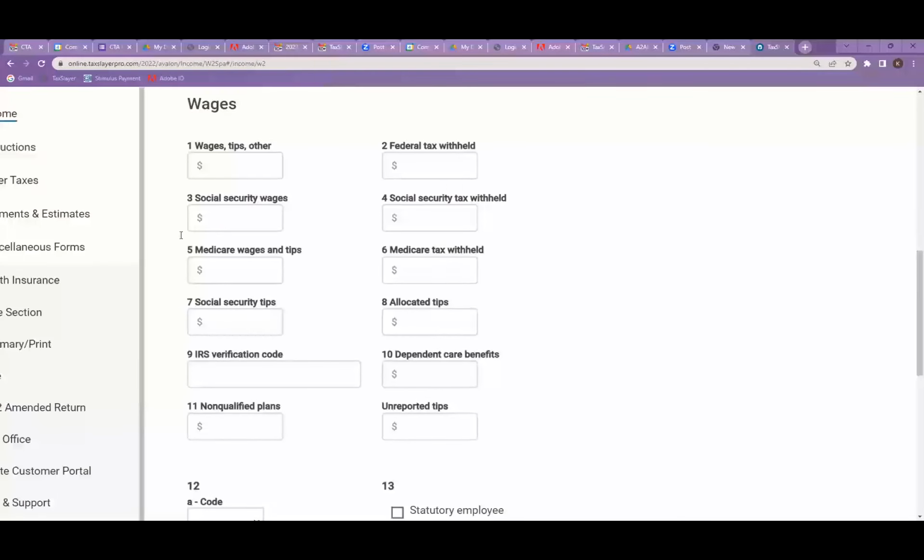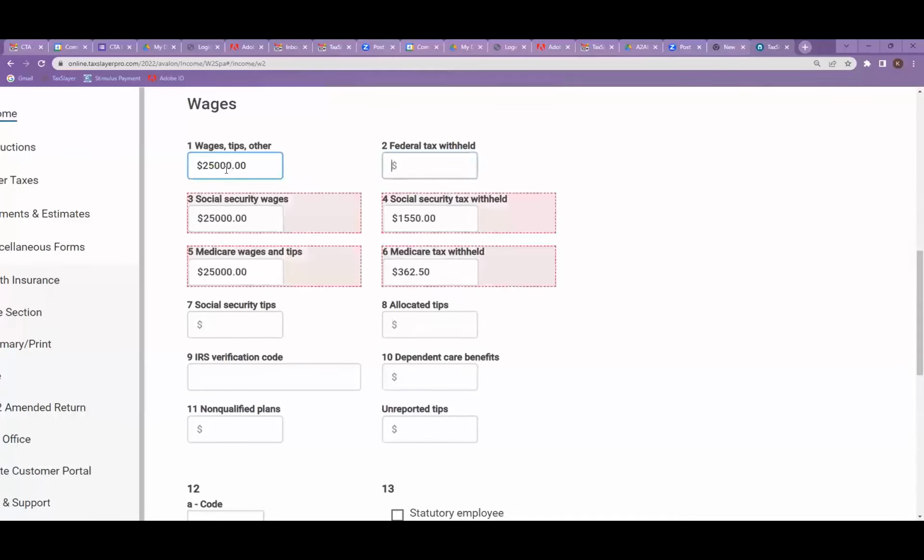Information on wages, box 1, Keisha, it's going to be $25,000. Okay, box 2, federal withholding 2,500. If you guys have a hard copy of the W-2, as you can see, the amount of calculated Social Security tax withheld and Medicare tax withheld agrees to the W-2, so you know the W-2 is okay.